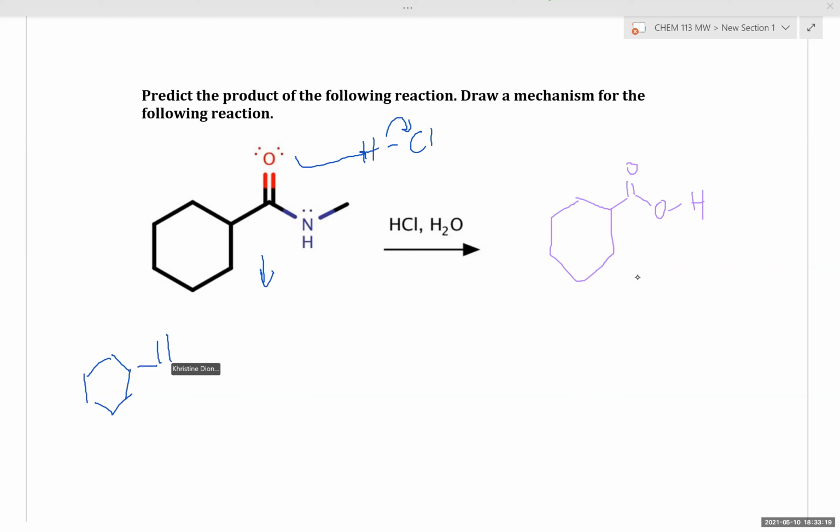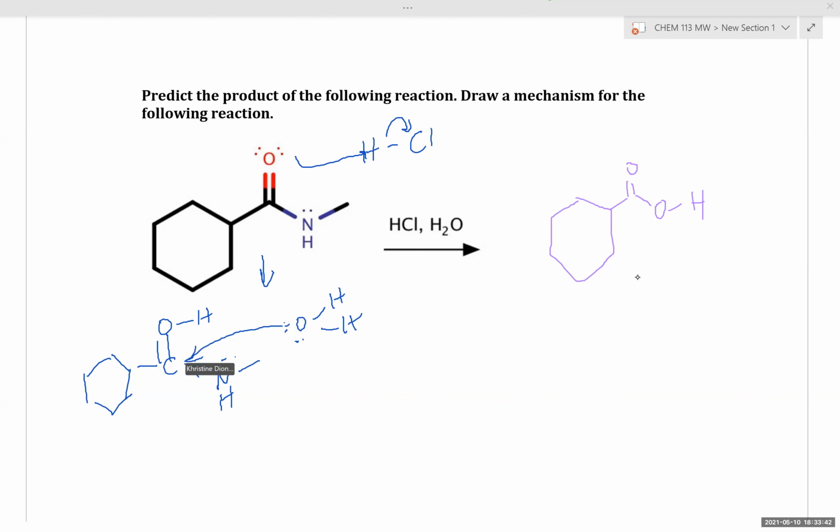So we have a student beginning to annotate the mechanism for this reaction in the first step. They predicted that we'll get the corresponding carboxylic acid at the end of this reaction. And they're showing for the first step, we're going to protonate our amide carbonyl oxygen.